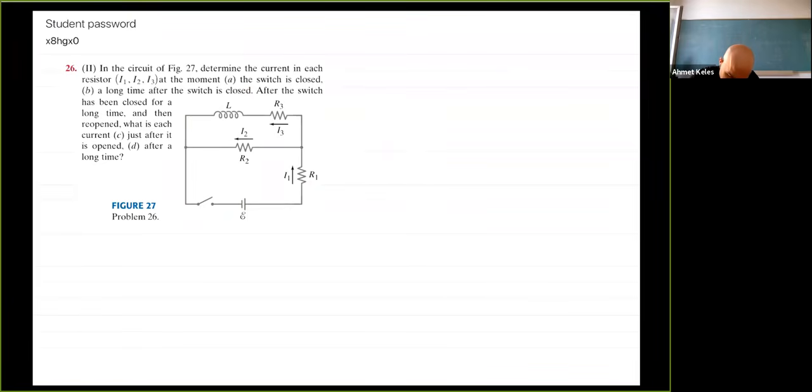So A, when the switch is closed. What does the inductor do? As soon as you close the switch, what do you expect the inductor to do?